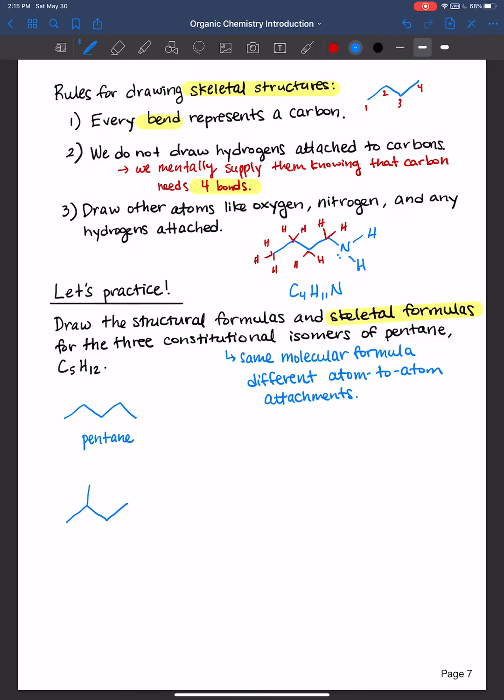I need to add a methyl group, for example, and I'll go into naming in the next video. And so here we have 1, 2, 3, 4 carbons. And we will learn in the next video that the name of this particular organic molecule is 2-methylbutane.